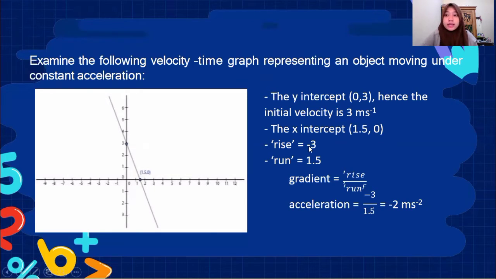We know that rise is a vertical value, so here the value of rise is minus 3 and the value of run is 1.5. So the acceleration is minus 2 meters per second squared.